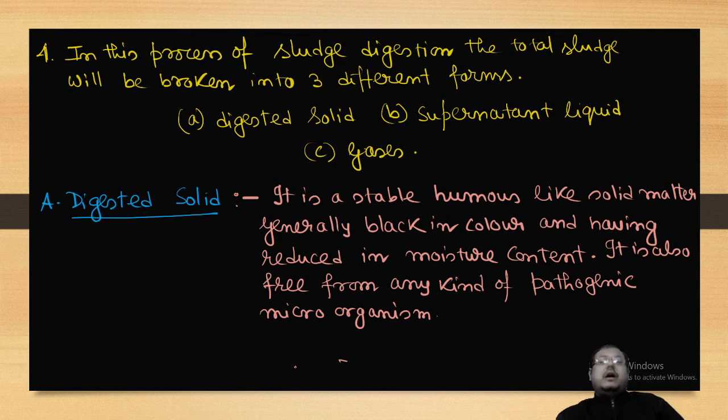Okay. Now, for each and every component, what it is getting dissociated for is given here. It's a stable humus-like solid matter, generally black in color and having reduced moisture content.